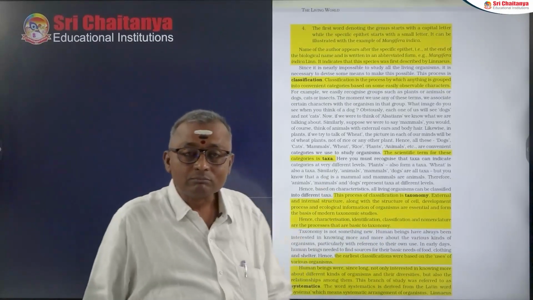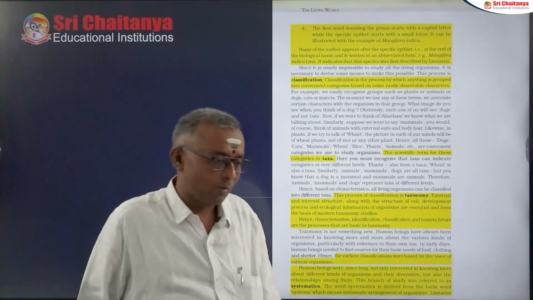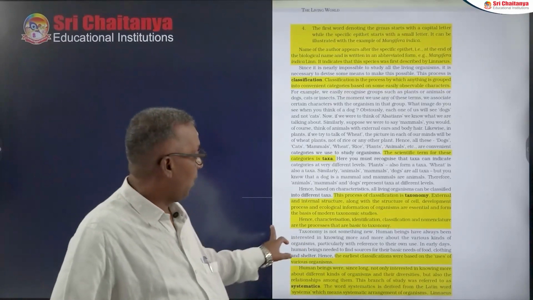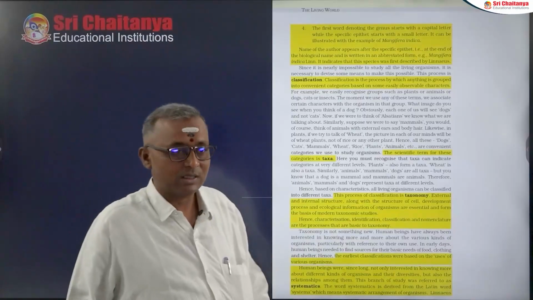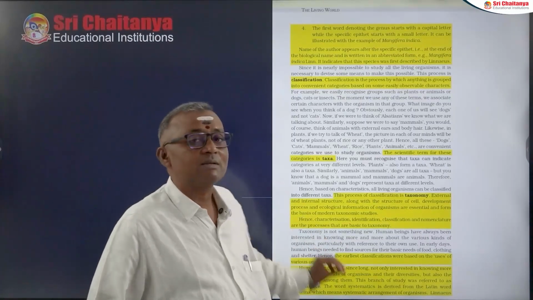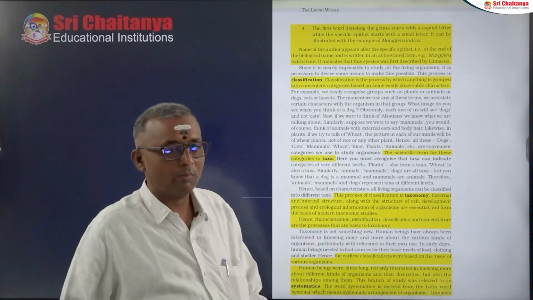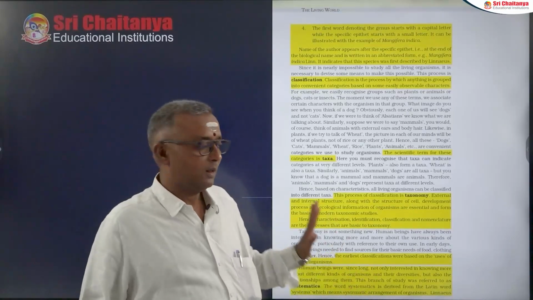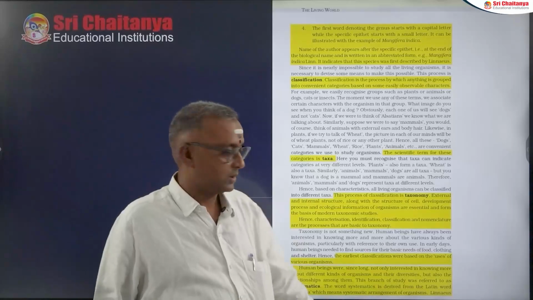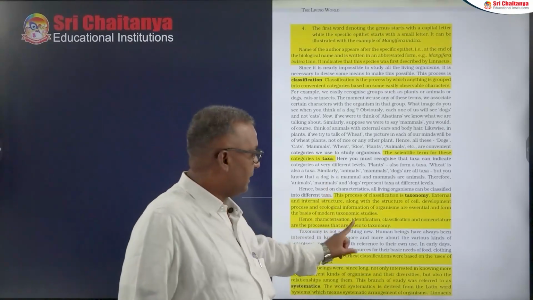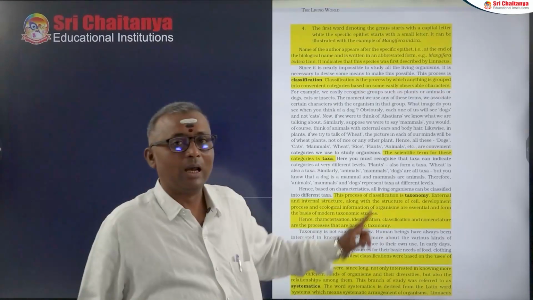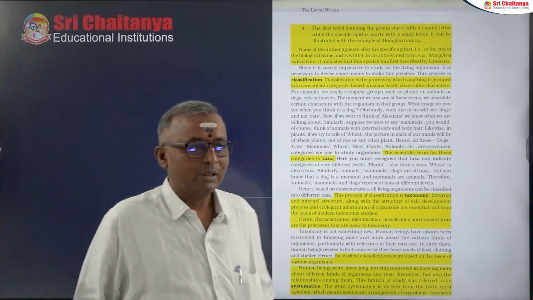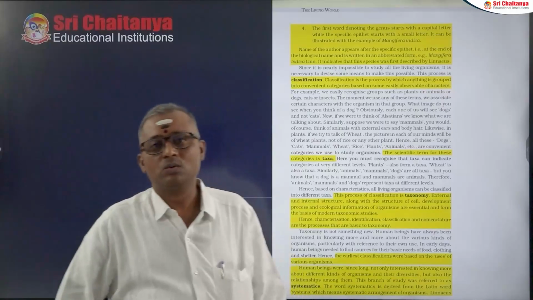Most of the students approach the teachers to know about the sequence of these steps. Just follow whatever sequence is given in the NCERT book. Don't make your own corrections. We have to strictly stick to the NCERT information. So, characterization, identification, classification and nomenclature. Now, another most important thing: taxonomy is not a new science.